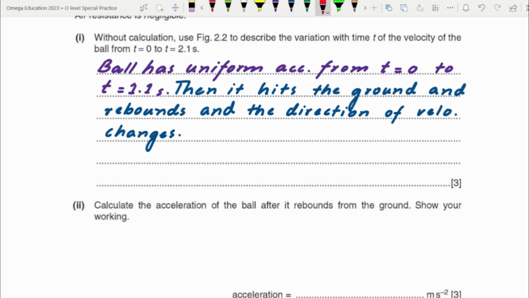Okay, the ball would now be moving upward, so it would decelerate, and its velocity would be reduced to 0 at the same rate as before. And let me add this thing.